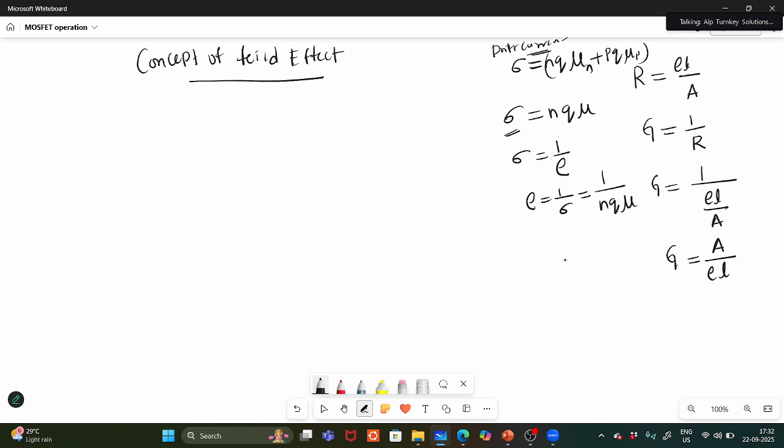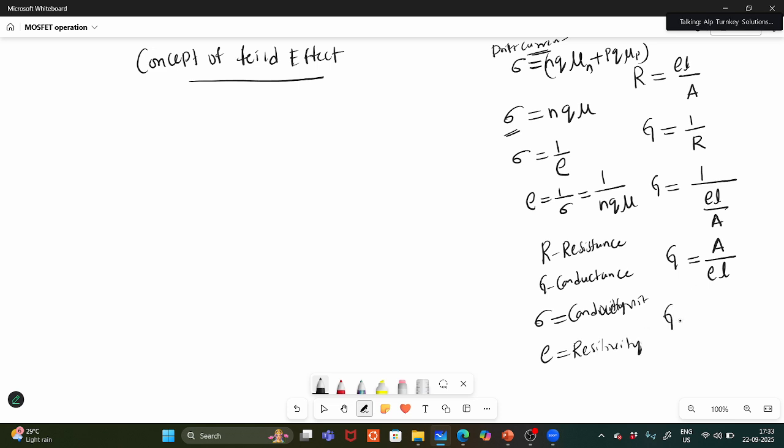Here R is the resistance, G is the conductance, sigma is the conductivity, and rho is the resistivity.